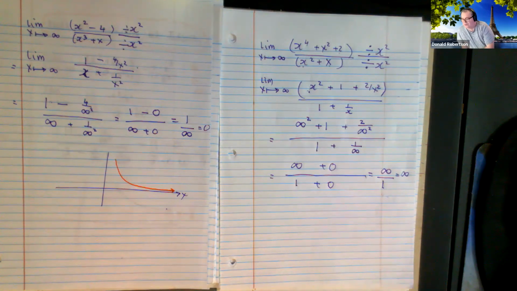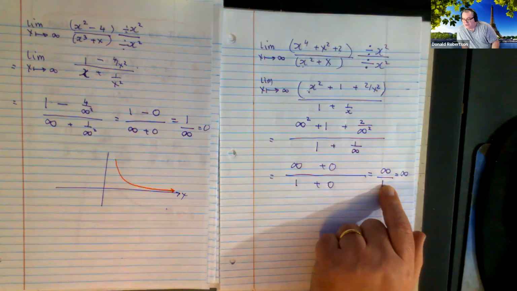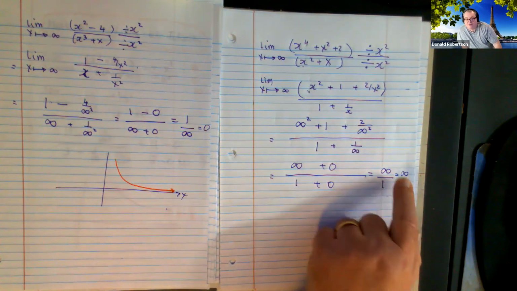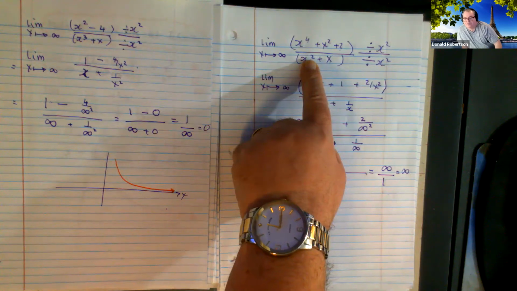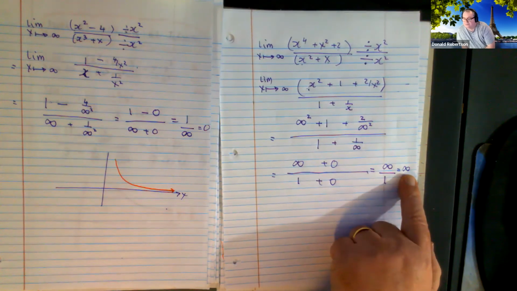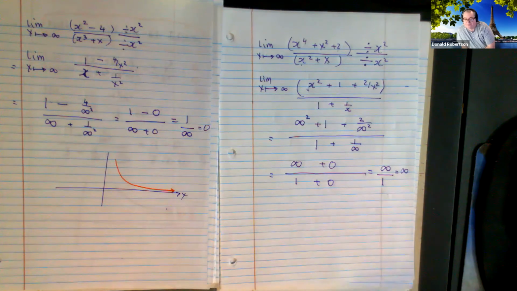And isn't the answer still going to be infinitely large? So dividing infinity by any fixed number, in this case 1, but it could be 10 or 20 the next time, is still going to get you infinite. So the answer to what is the limit of this function as x tends to infinity, the answer is infinity. Are we good?